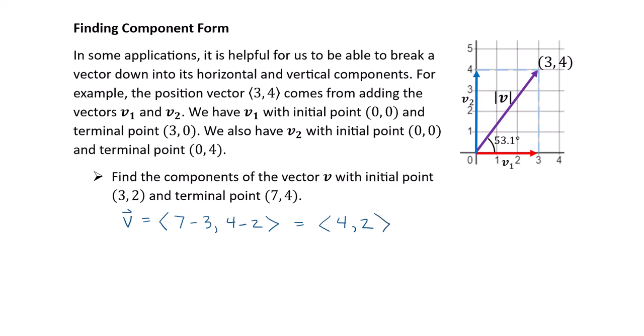If I were to graph this, then I could say that it is the result of adding vector v1, which is ⟨4, 0⟩, and vector v2, which is ⟨0, 2⟩. So those are the horizontal and vertical components of vector v.